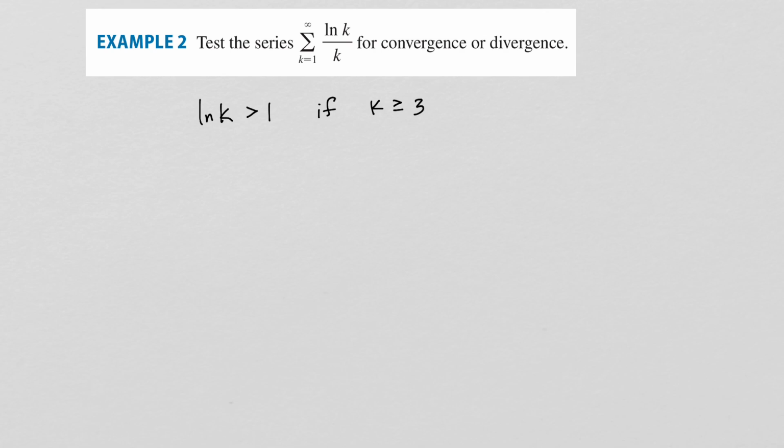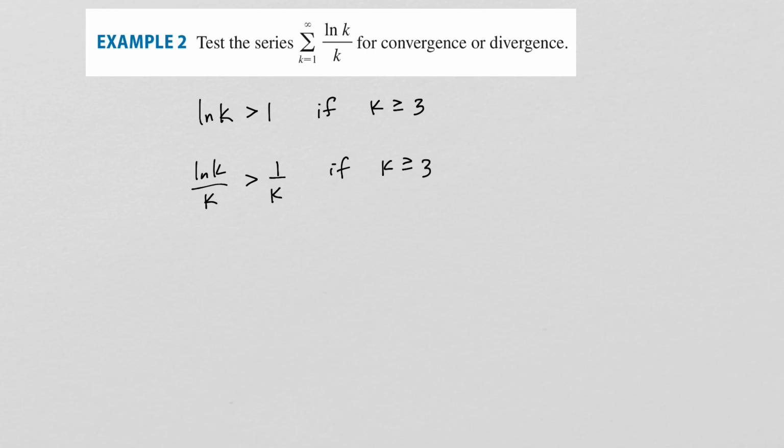So if you plug in a number that is larger than or equal to 3 here, the natural log of that number will always be bigger than 1. And since that is true, then we know that the natural log of k divided by k will be larger than 1 divided by k, again, if k is greater than or equal to 3.